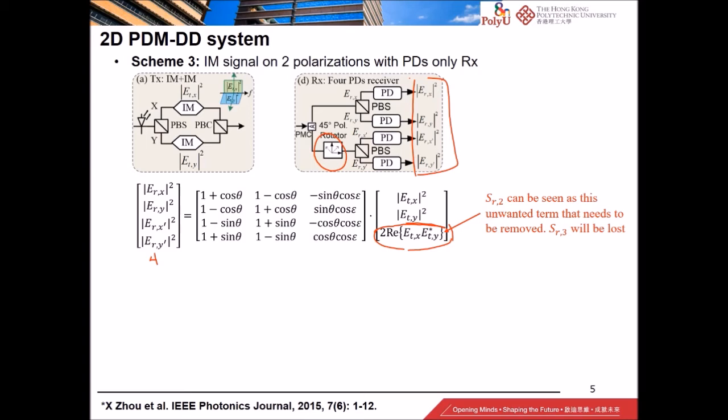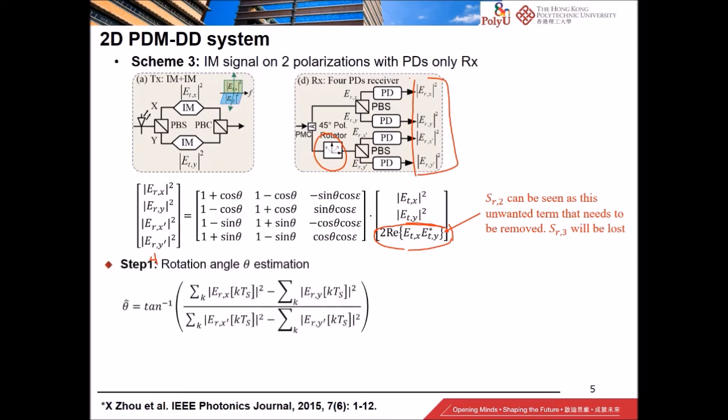So the DSP starts with trying to eliminate these terms. The first step is to estimate one of the rotation angles, theta. You can do the algebra and show that this can be estimated by this expression. Once you get the estimate of the angle theta, the next thing is to remove the phase splitting term.